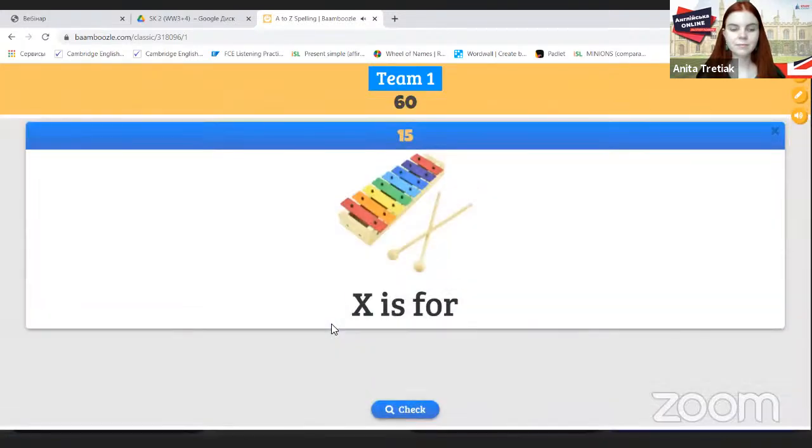Okay, X is for. Do you know this word? Or can you see here?